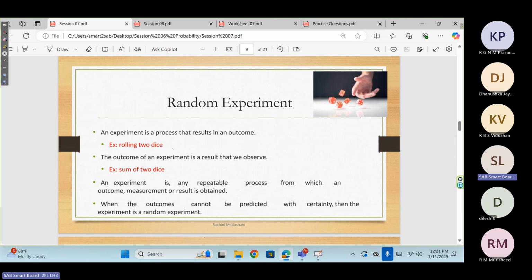Then that we call a random experiment. Rolling a dice, we already know we can get numbers 1 to 6, any number in between, but we cannot predict which number we will get. That kind of experiment we call a random experiment. It's clear? Okay.